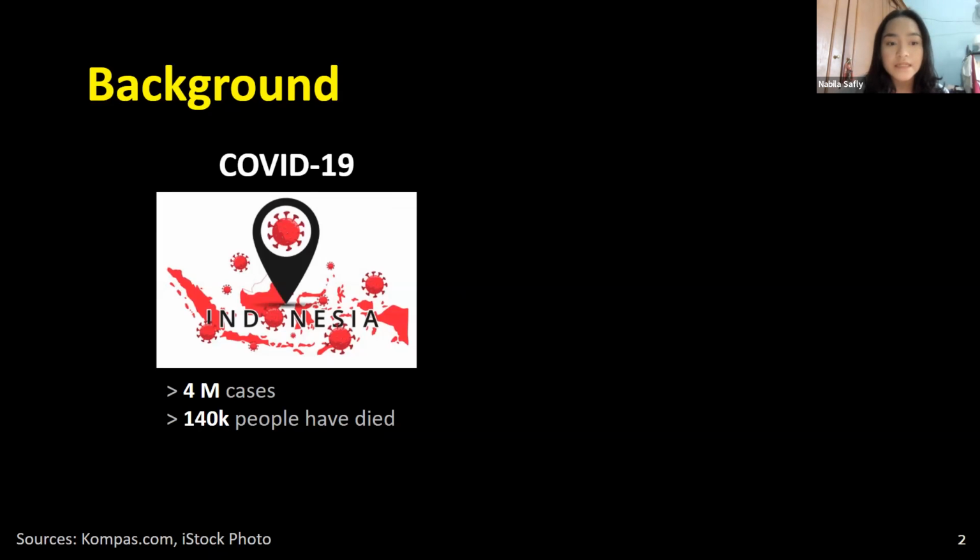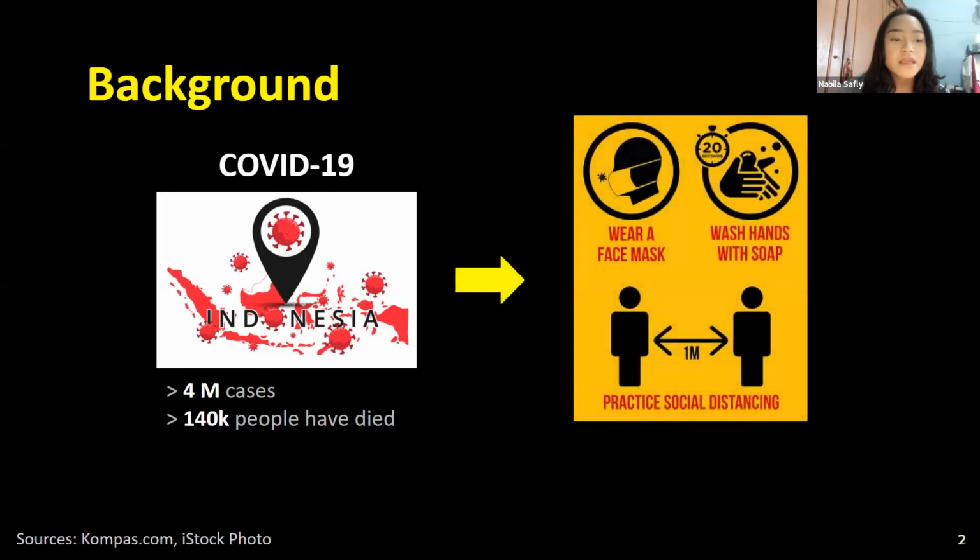According to COVID-19.go.id, Indonesia has reached more than 4 million cases and more than 140,000 people have died because of COVID-19 until last September. The implementation of new policies such as lockdown and social distancing was carried out by many countries, including Indonesia, to reduce the spread rate of COVID-19. The practice of social distancing means staying home and away from others as much as possible to help prevent spread of COVID-19.